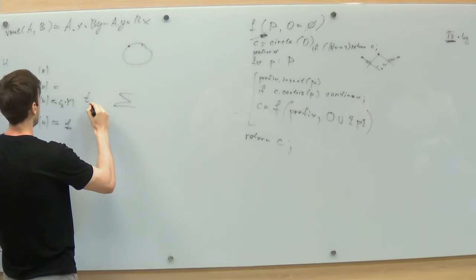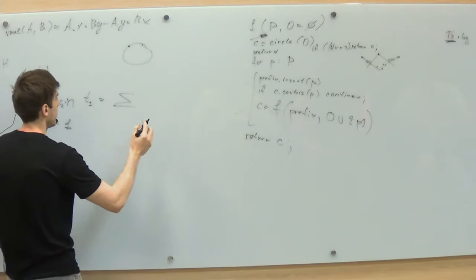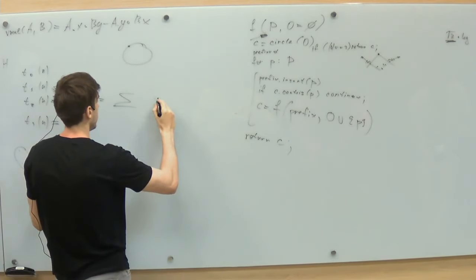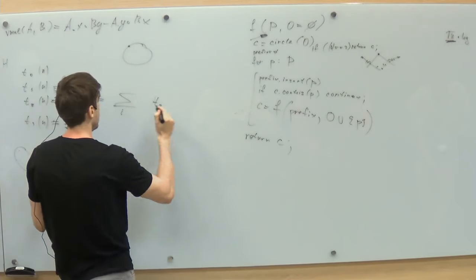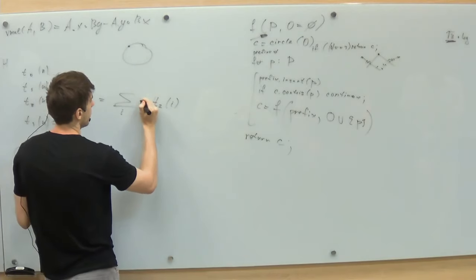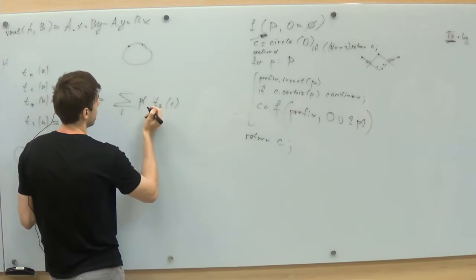So let's write down T1 as a sum of calls of T2 of the size of the prefix, times a probability.